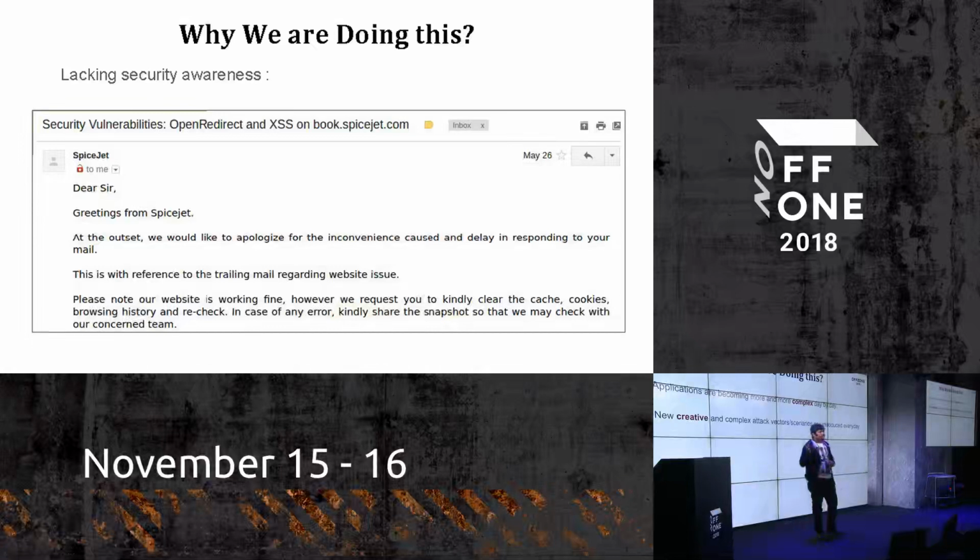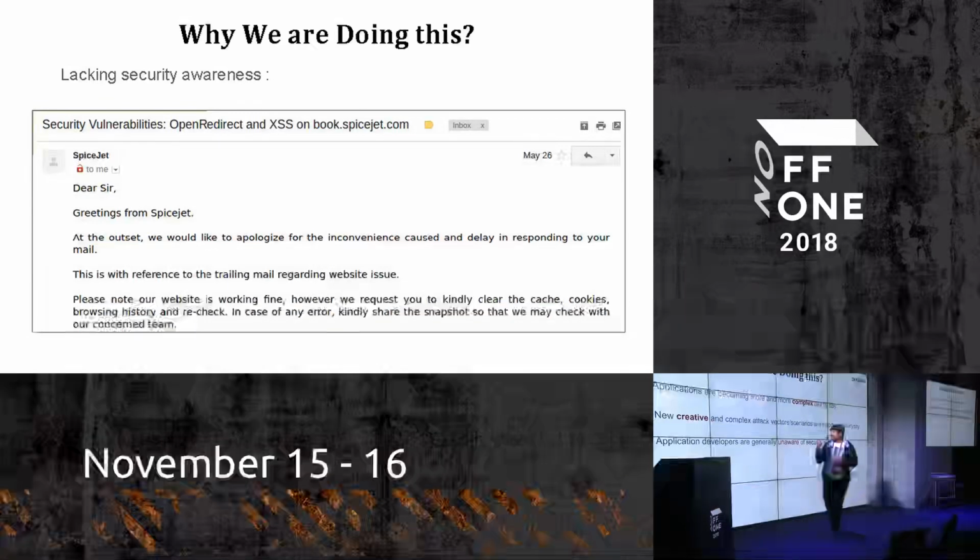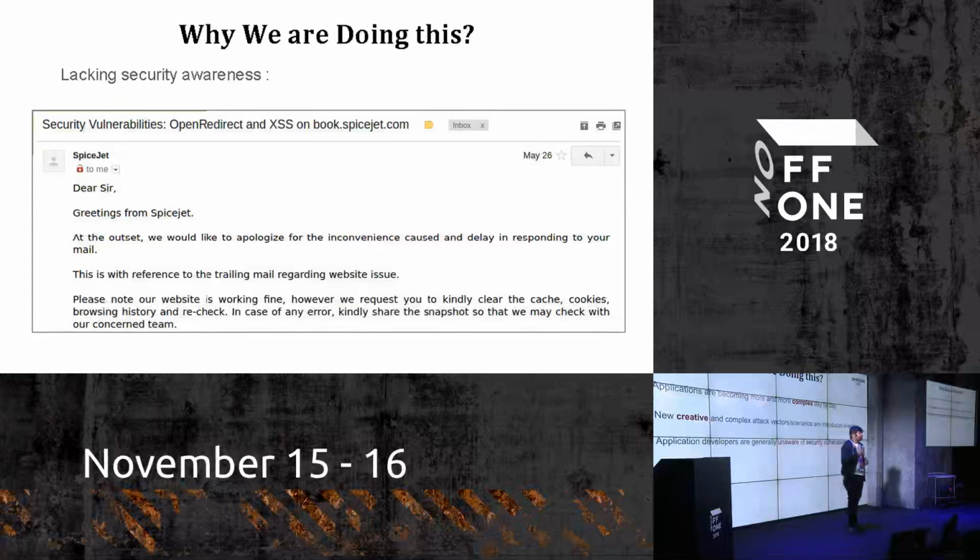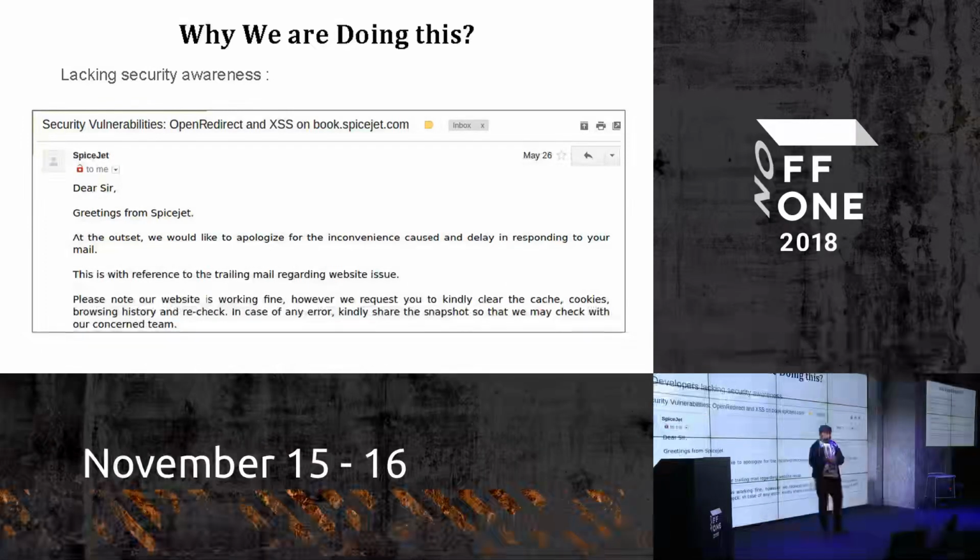You take any bug these days, it's not straightforward. So that is why we need the developers to know security more. And this is the main thing: application developers are unaware of security issues. Because of that, a lot of security issues keep coming again and again, as you may know. So this is one of the screenshots we have seen in our application.